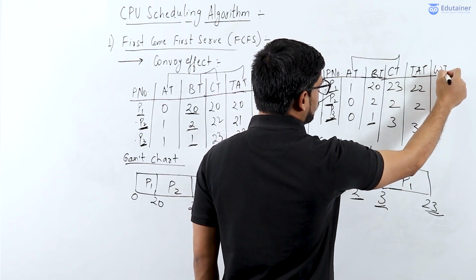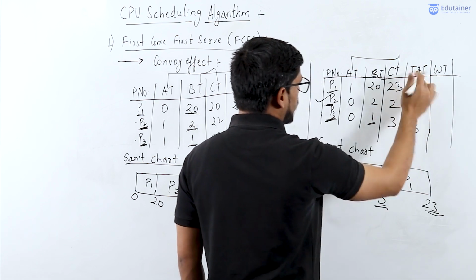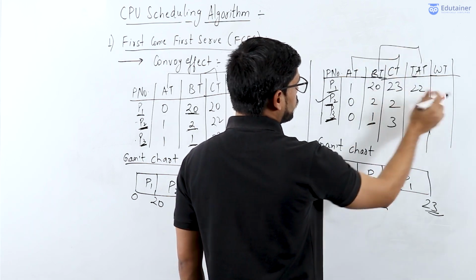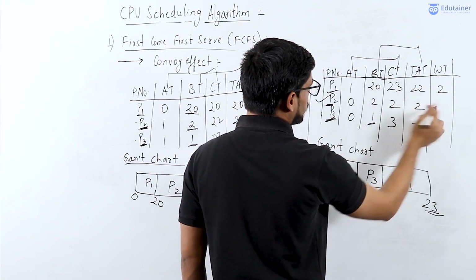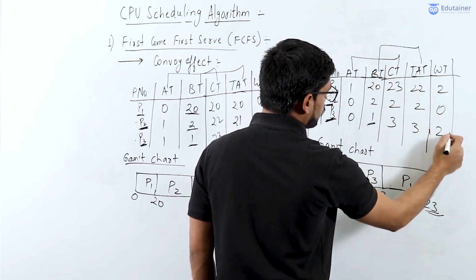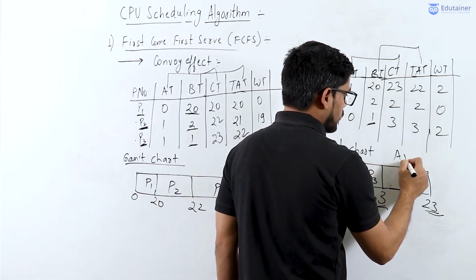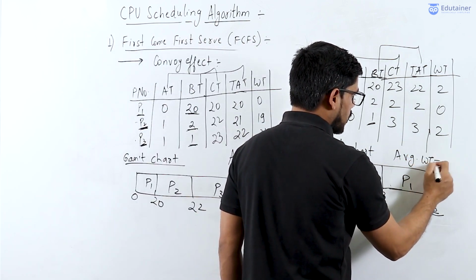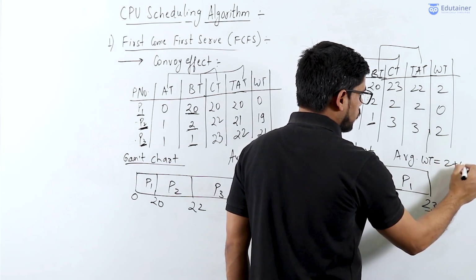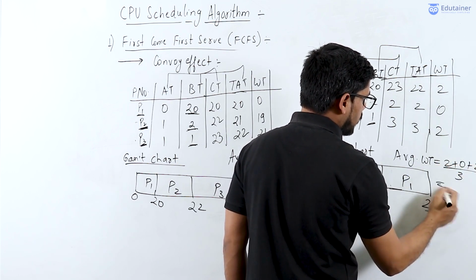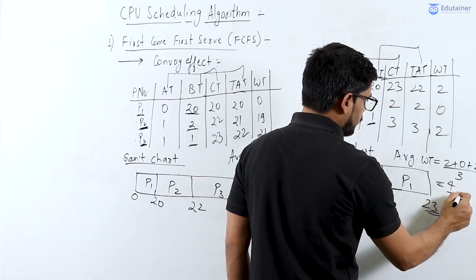Similarly, waiting time is turnaround time minus burst time. 22 minus 20 is 2, 2 minus 2 is 0, 3 minus 1 is 2. So here the average waiting time is 2 plus 0 plus 2 divided by the number of processes. The number of processes is 3, so it is 4 by 3.